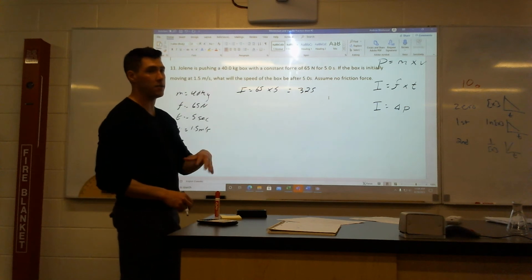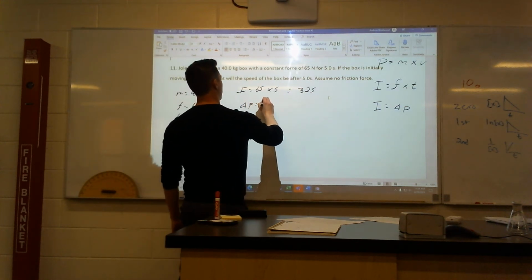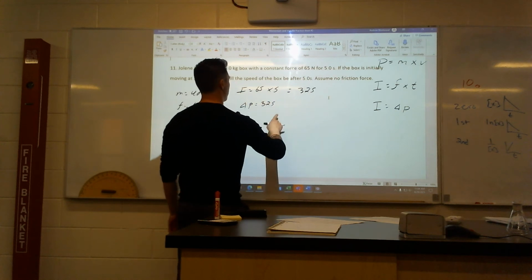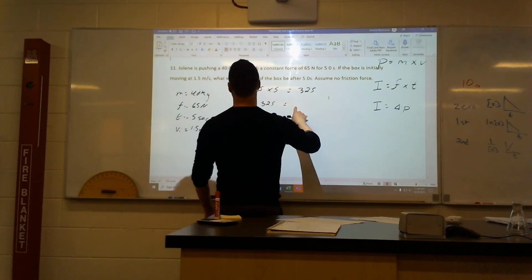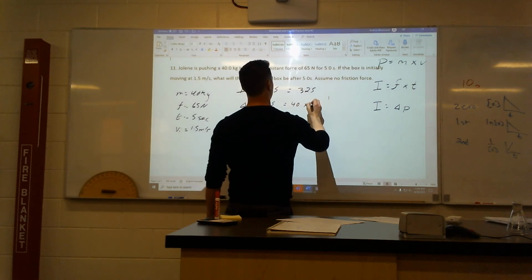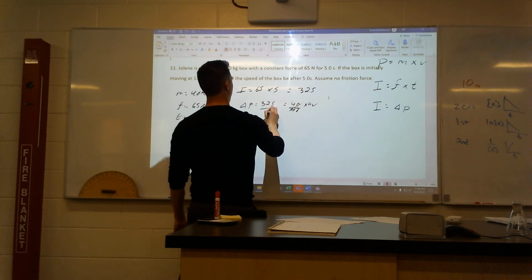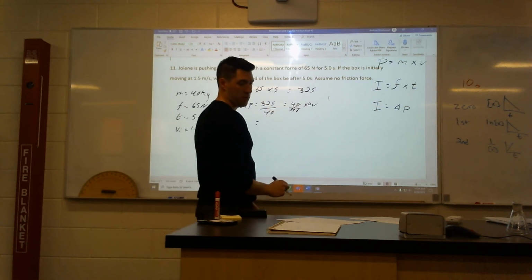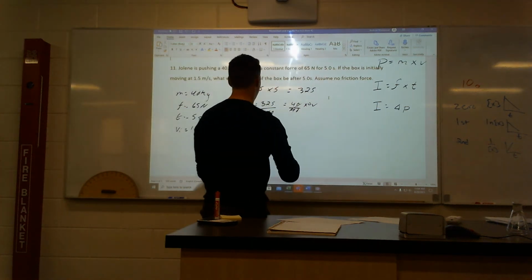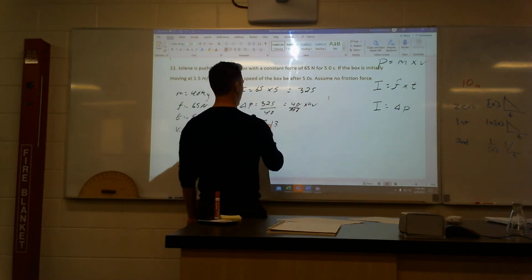Not the final velocity, but the change in velocity. So my change in momentum equals 325, which means that equals mass of 40 times velocity, and this is going to be a change in velocity. So divide by 40, I get 8.13. Now that is my change in velocity.